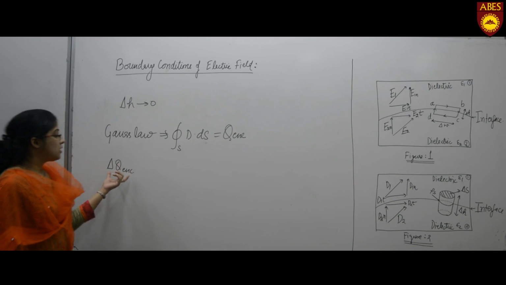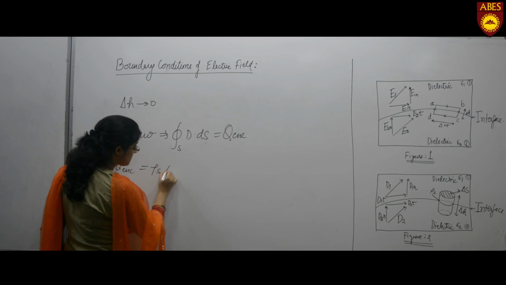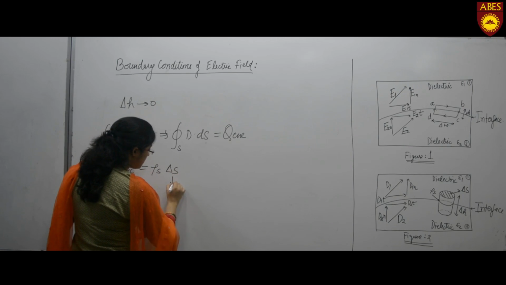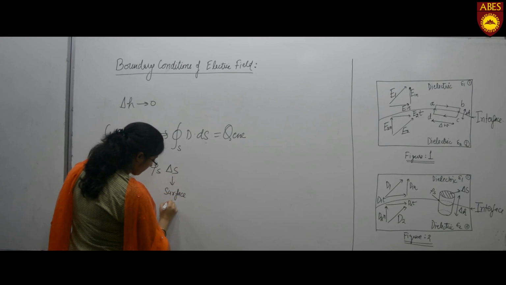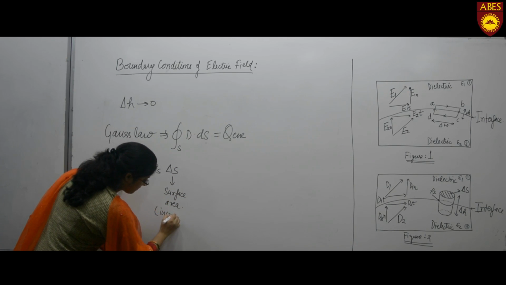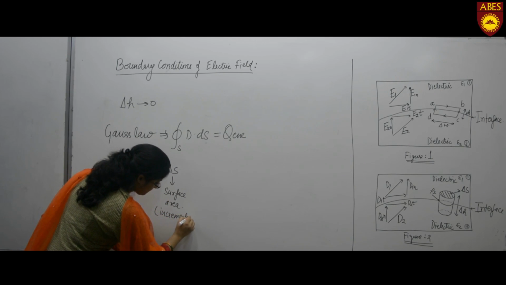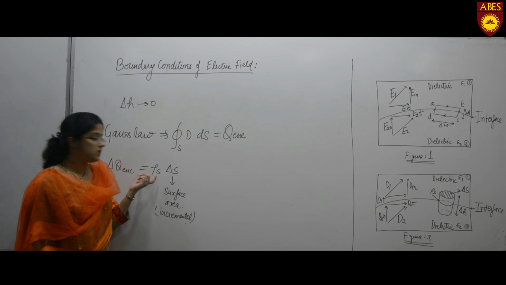Now this Q can also be expressed by the expression rho s del s, where del s is the surface area, or I would say it is an incremental type, and rho s is the surface charge density.